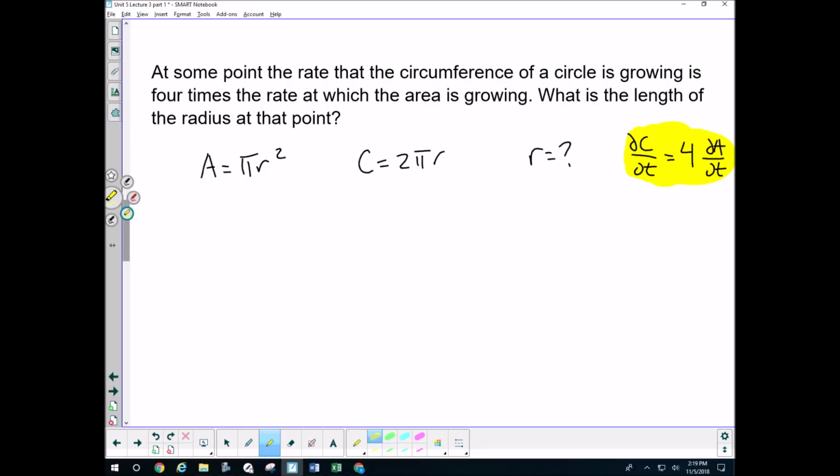A lot of things we can do here, but we are definitely going to be using the derivatives of both of these formulas. So why don't we just do that? Take the derivative of both of these.